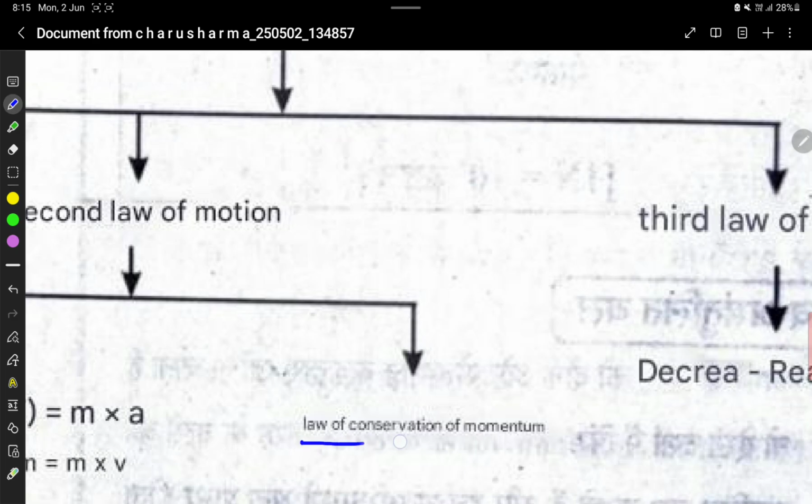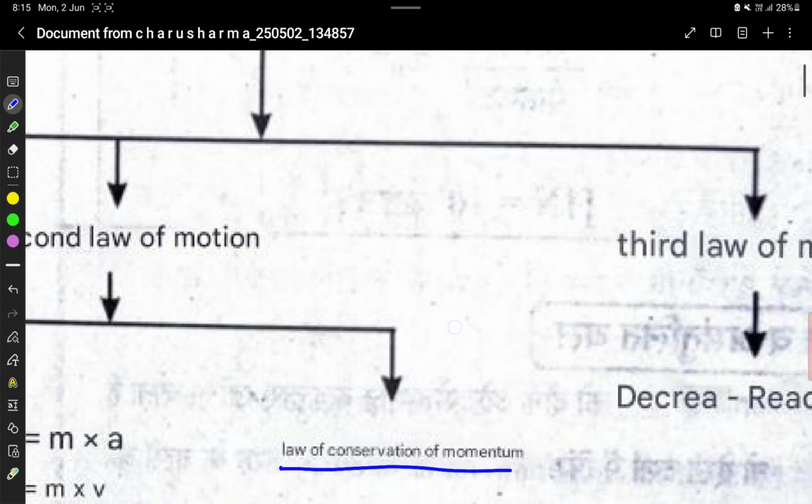Now in this law of conservation of momentum, there are two things that we need to understand. There are always going to be two cases. Let's say there are two balls. This is ball A and this is ball B. Let's say ball A has mu1 as an initial velocity, and ball B has mu2, let's say, as an initial velocity, right?